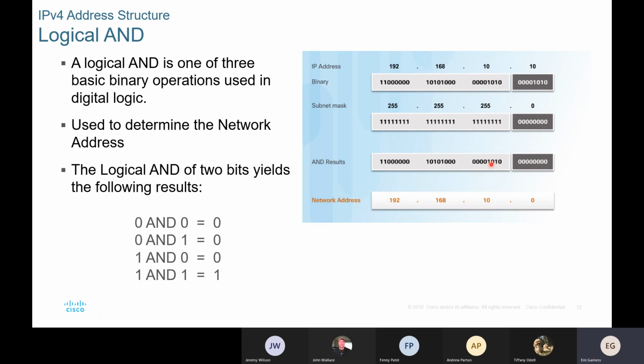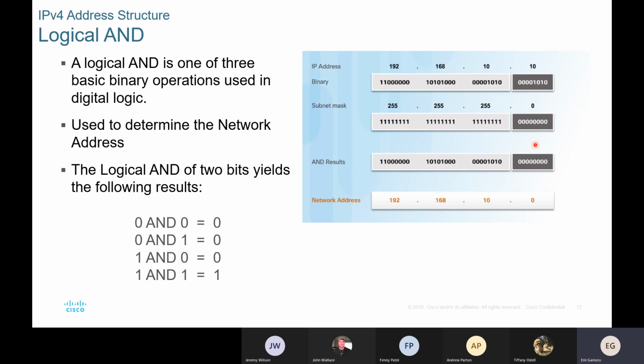Or you can just say, every time that in the net mask I have a 1, I just have to copy those bits without changing them. Because X AND 1 is X, which means that every time I do a bitwise AND with 1, I maintain the value that I have here. So I just copy the 0, copy the 1, copy the 0. Okay, I can just copy them.